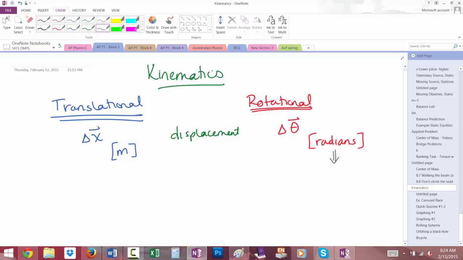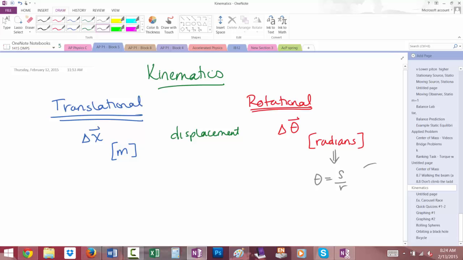The word radian just means ratio. That's all it is. A radian is defined as the arc length around a part of a circle divided by the radius.